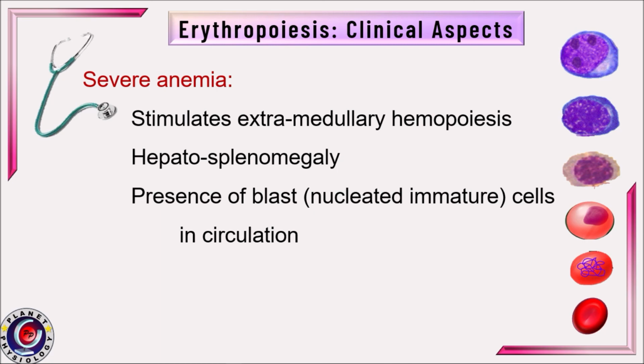In that case, if bone marrow is not sufficient to produce enough RBCs, other organs like liver and spleen also can begin RBC production, and this is termed extramedullary hemopoiesis, and these organs will increase in size, so there will be hepatosplenomegaly. Most of the time whenever this extramedullary hemopoiesis is taking place, blast cells will be present in circulation.